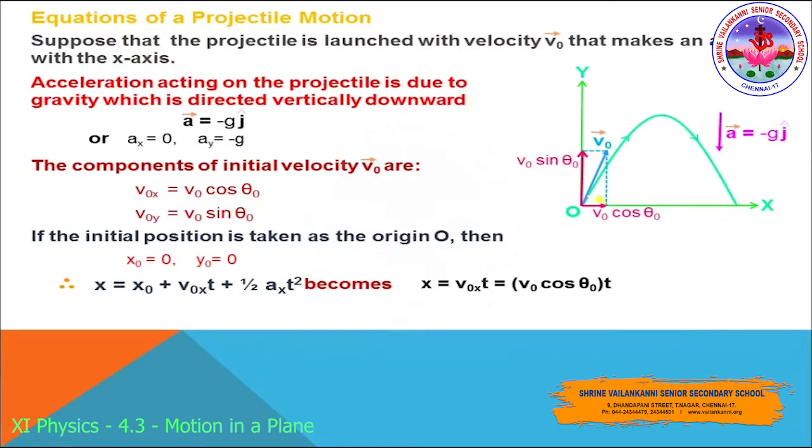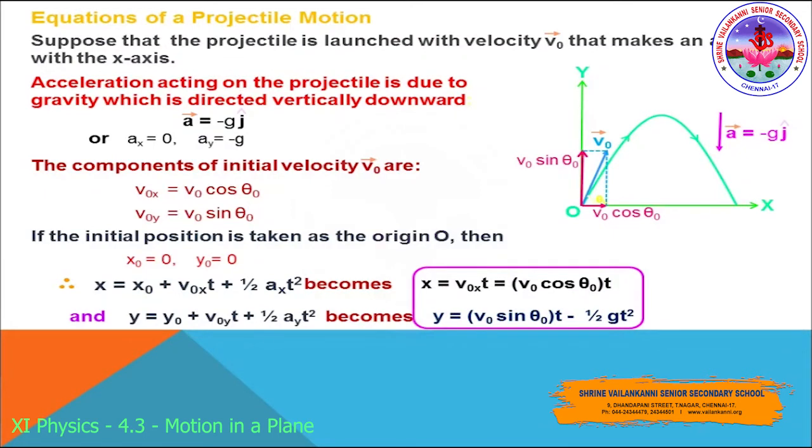Then the equation x equals x naught plus v naught x t plus half a t square becomes x equal to v naught x t, that is v naught cos theta naught into t. Got it? For the y component, in the same way, with the sine component, y is equal to v naught sin theta naught t minus half g t square.